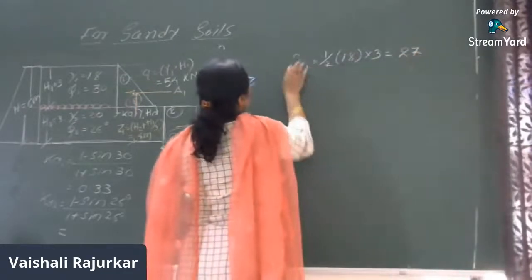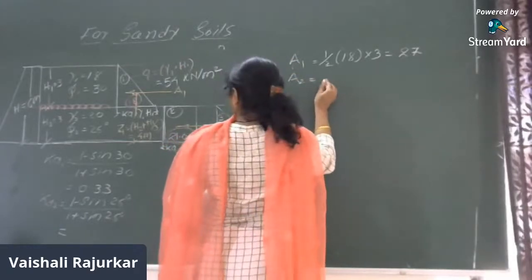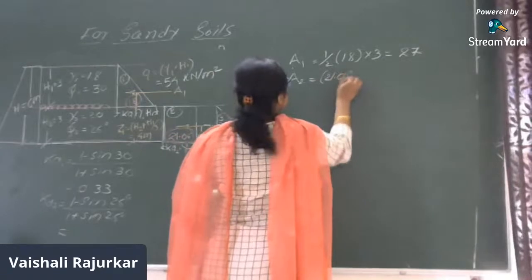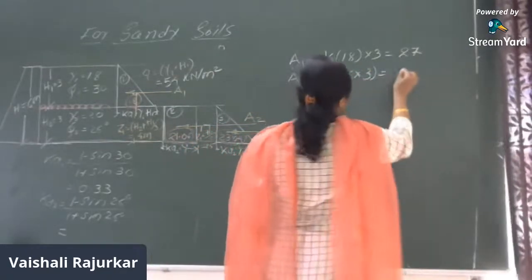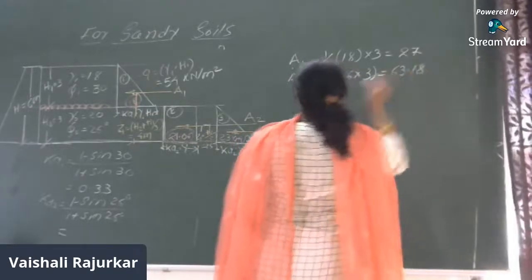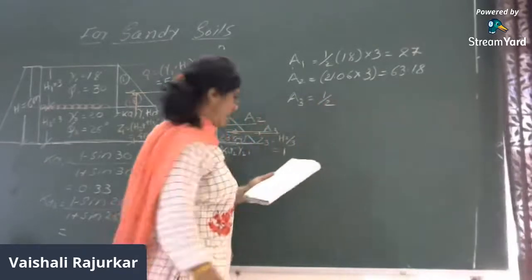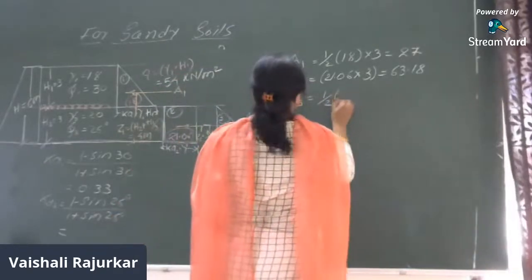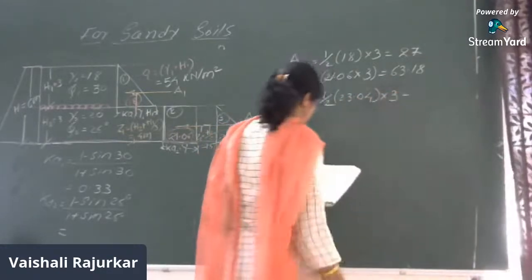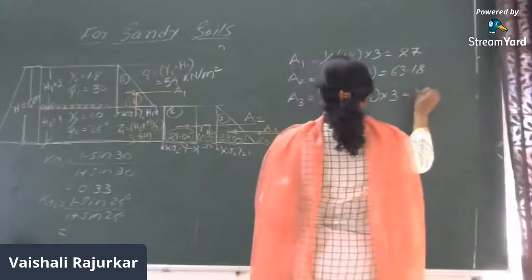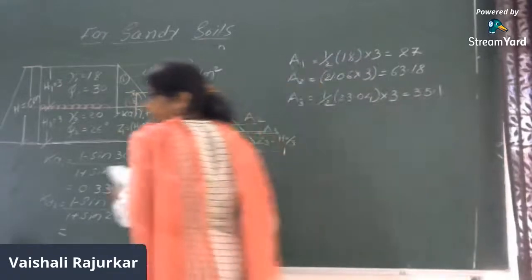Then A2 is 21.06 multiplied by 3 meters. It is found to be 63.18. Then A3 is again a triangular distribution, so it will be half of the base, 23.04 multiplied by 3. So it is found to be 35.1, right?